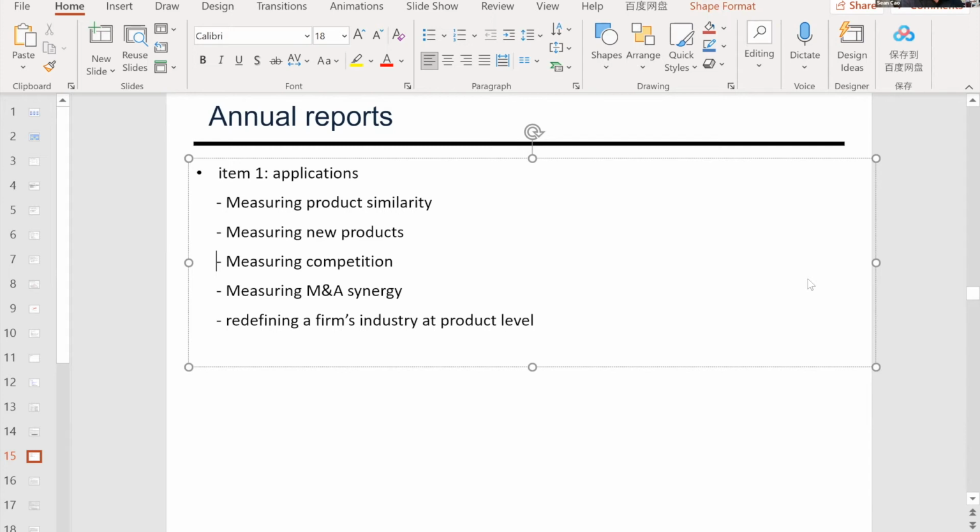Let's talk about industry definitions. This is very interesting stuff. Let's take Amazon as an example. Would you consider Amazon a retail firm selling stuff to consumers, or do you consider Amazon an e-commerce company, like a platform company?